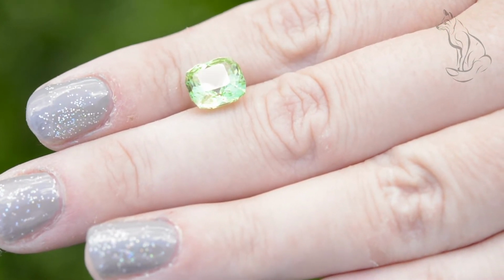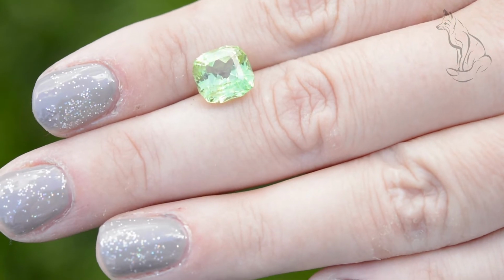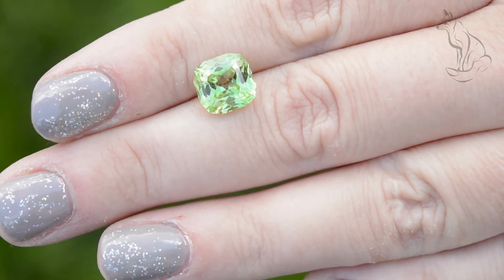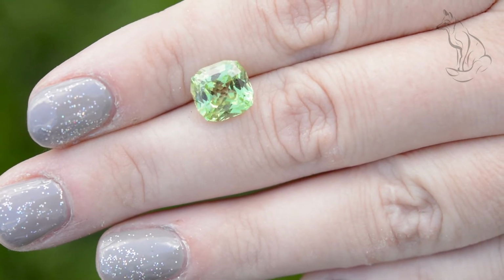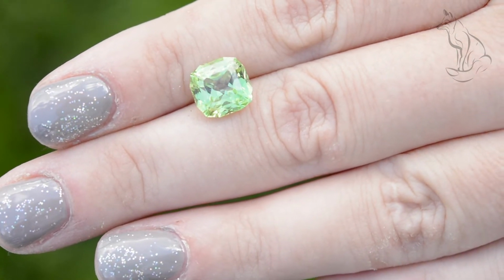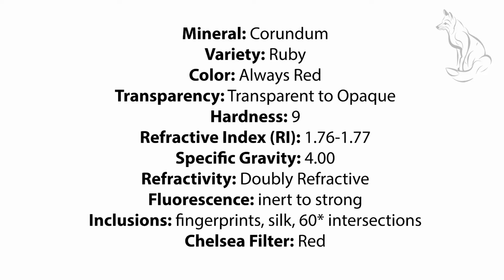a mental picture of what that green actually looks like. And that's important because specificity means we are all on the same page. This is important for mystery stone number 1. If we return to our reference cards, specifically, I'd like you to find one that is mineral corundum, variety ruby, and see what it says under color.